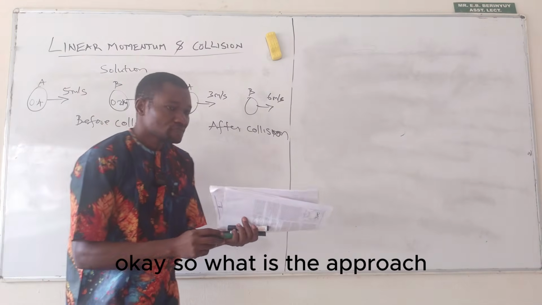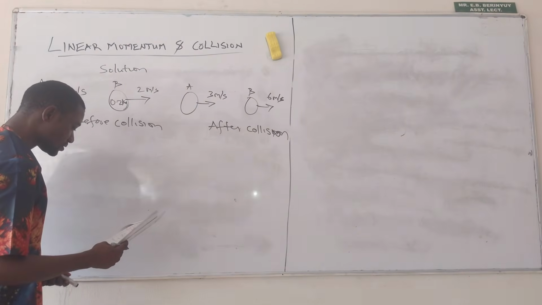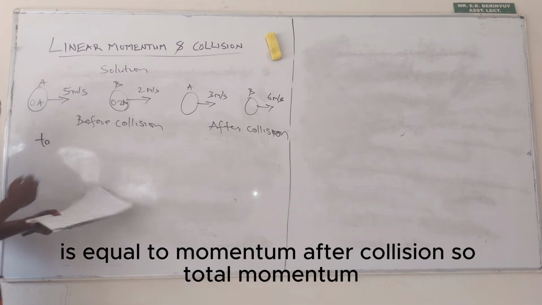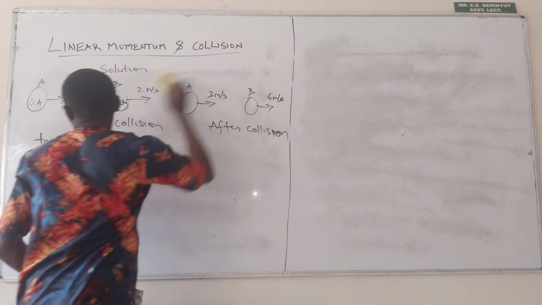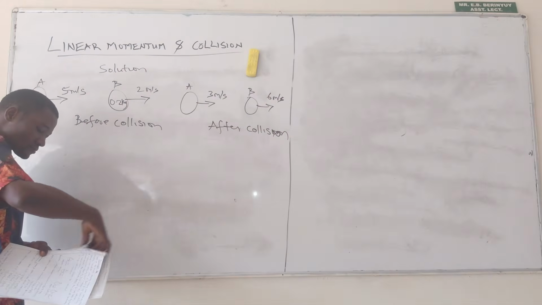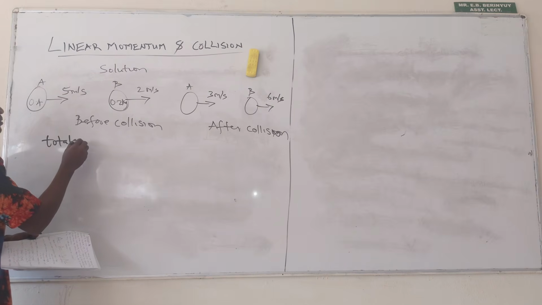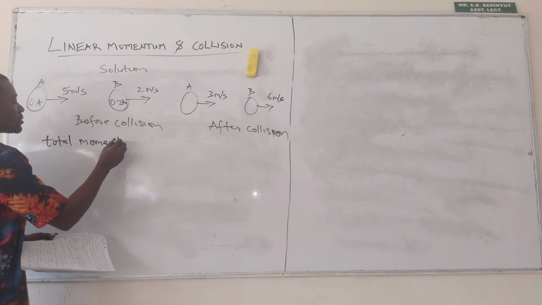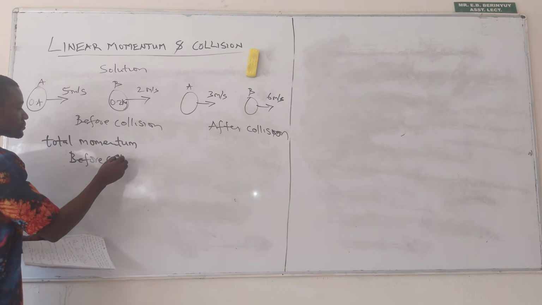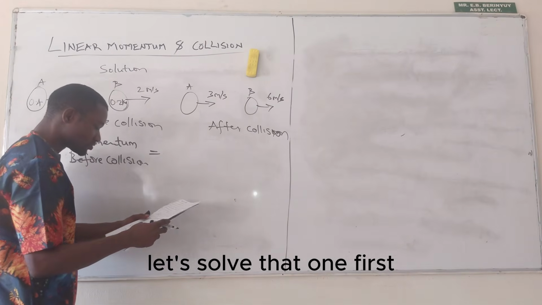Okay, so what is the approach? Say momentum before collision is equal to momentum after collision. So total momentum before collision is equal to, let's solve that one first.